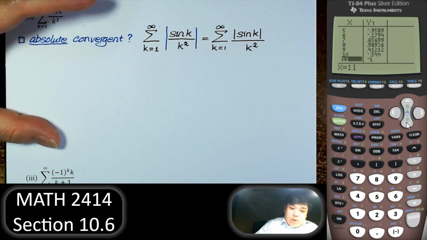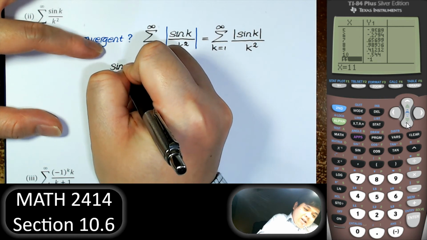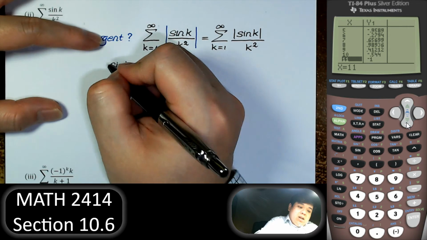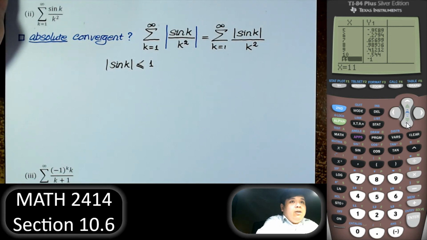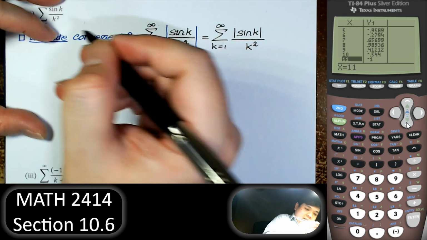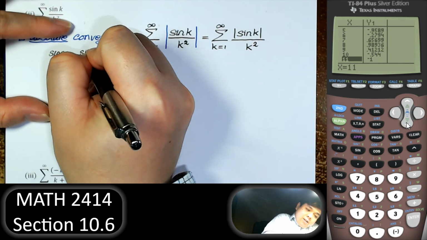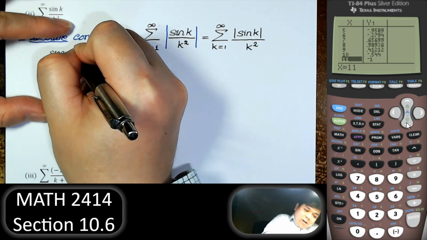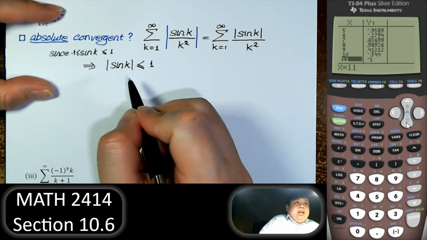So this is what we do. Because sine k could be positive, could be negative, but the absolute value cannot be more than 1. Because sine k is greater than or equal to negative 1 and less than or equal to 1, we can say the absolute value is less than or equal to 1.